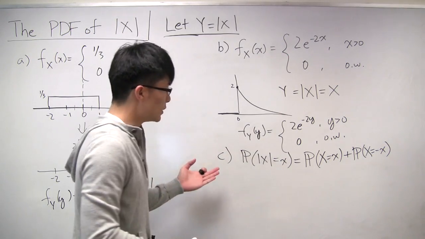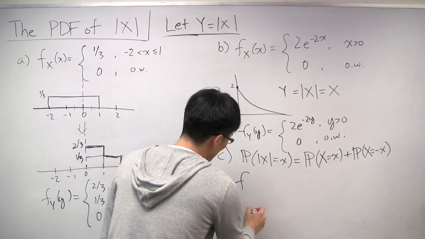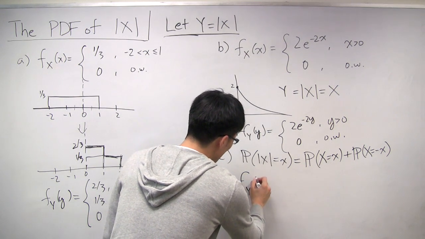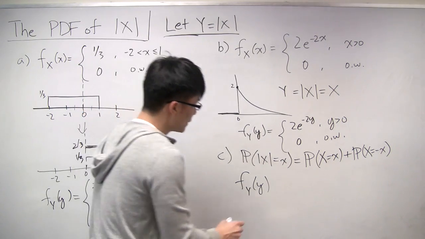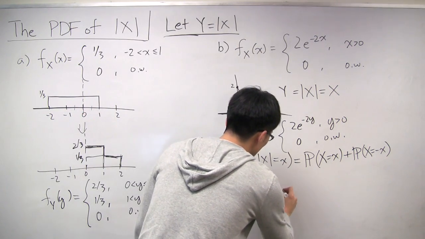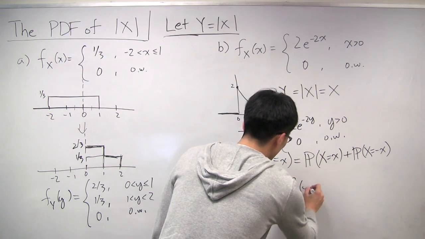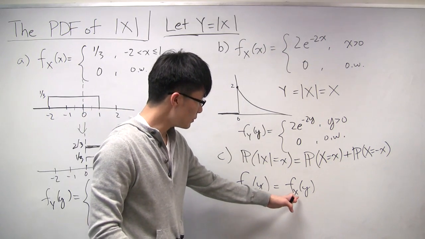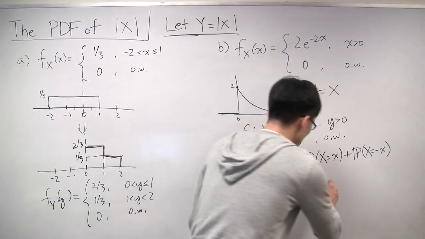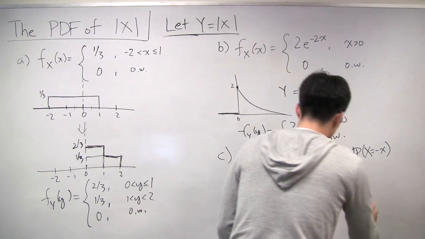And so to generalize in the continuous case with PDFs, you get something that looks very similar. So in this case, the PDF of y is just the PDF of x at y, so this is the case where x is just equal to y, plus the PDF of x evaluated at negative y.